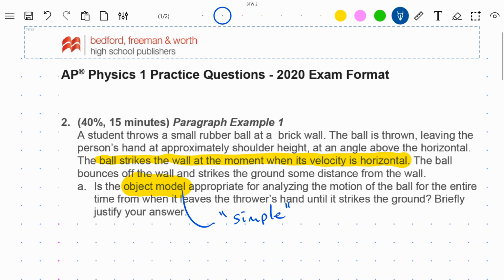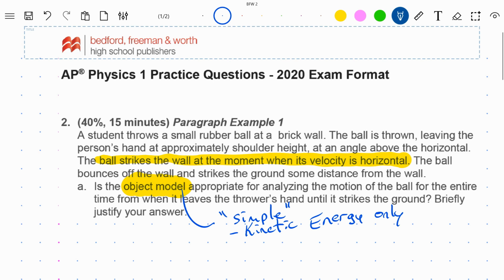There are a number of restrictions for the object model. It assumes, for example, that objects are rigid, that they cannot possibly change their shape, and they also cannot store any form of energy other than kinetic energy. So let me just put that in here. Kinetic energy is the only form of energy available to an object.